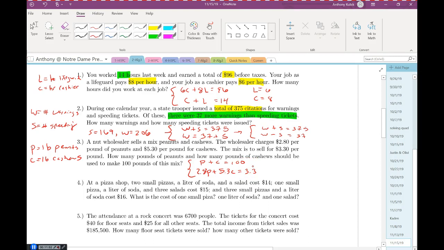So it's tempting to write this, right? But this is not quite right, because the units don't make sense in this equation. In the first one, 2.8p, we have dollars per pound times pounds, which would give me dollars as the unit. Everybody agree with that?